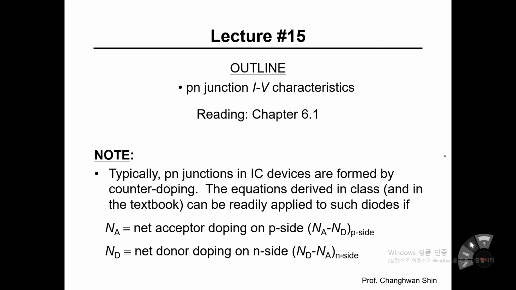So whenever I write down N_A, it means N_A minus N_D in the P-type region, and N_D indicates the net donor doping concentration on the N side, corresponding to N_D minus N_A in the N-side region. Basically, N_A or N_D indicates the most abundant impurity or dopant atoms in the corresponding region.